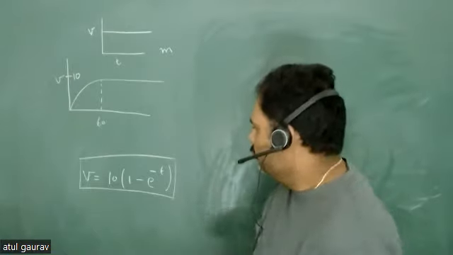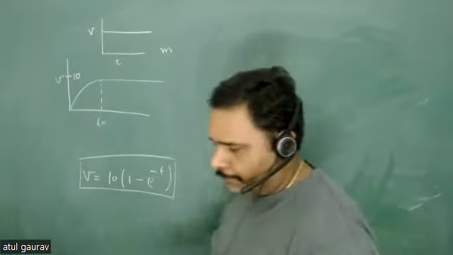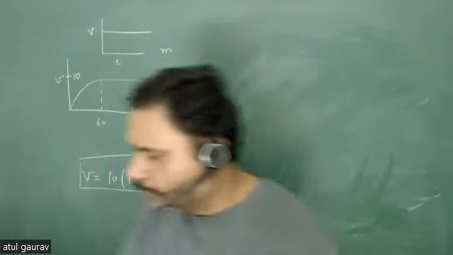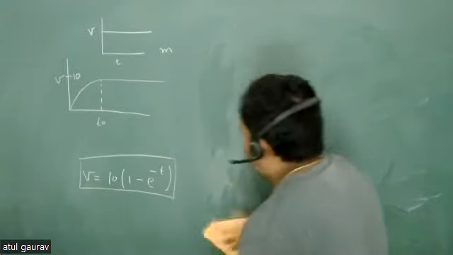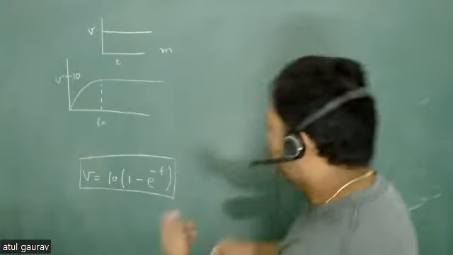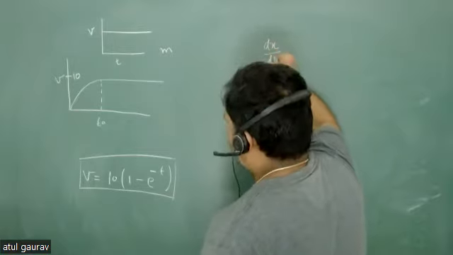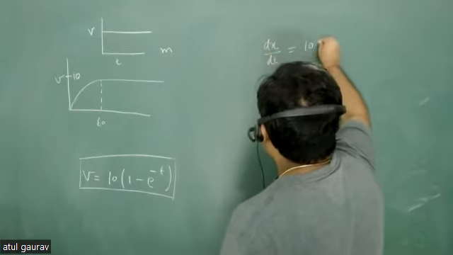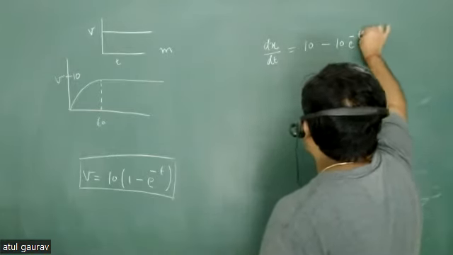Yes sir. In x versus t, sir, two terms are coming: one straight-line term and one exponential decay term. Let's see how it will be. Let's try to go for this particular thing. So dx upon dt, obviously, is 10 minus 10 e to the power minus t.